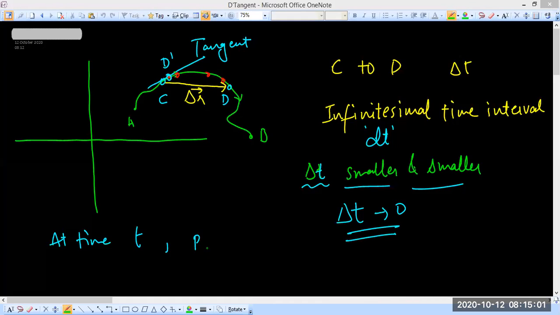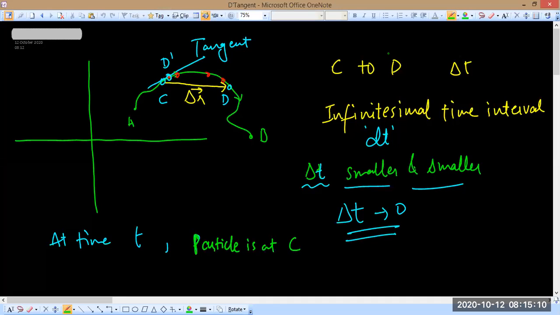So at time t, particle or person is at C. And then after a very small time, t plus dt, so the time interval is only dt, I hope you understood that, the particle is now at d dash.